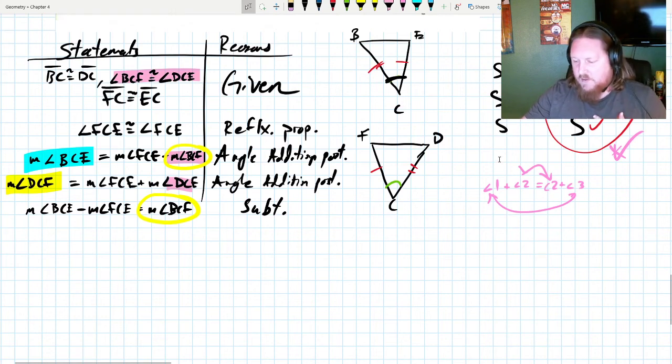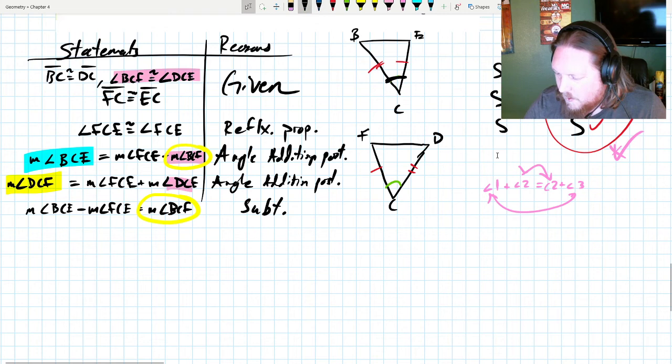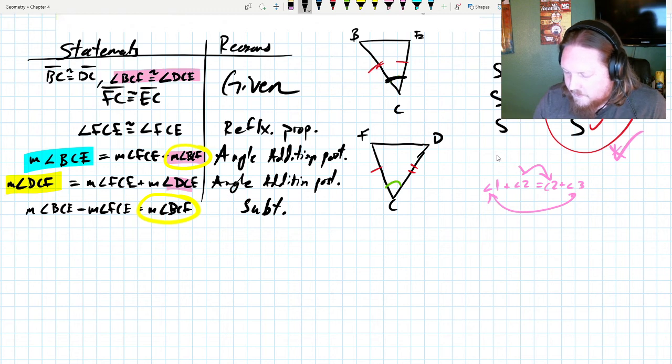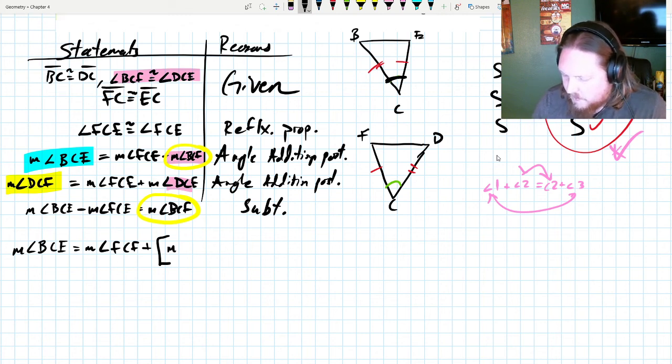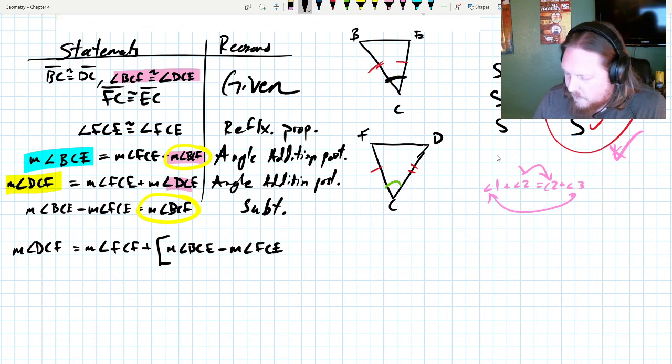Keep going, but now I can do the substitution that I wanted to do. Because BCF is congruent to DCE, substitute that in: measure of angle BCE equals measure of angle FCE plus, and this is where the substitution comes in, measure of angle, oh shoot, I did it again, DCF, measure of angle BCE minus measure of angle FCE.